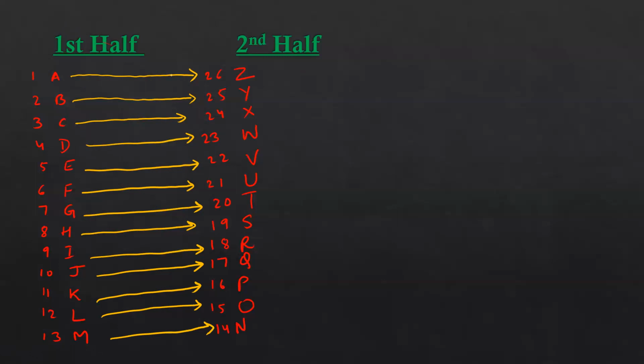For remembering this, you can make some tricks. Suppose H, what is its opposite? S. So you can remember it like this: high. H opposite is S. Okay. For others, you can make your own.